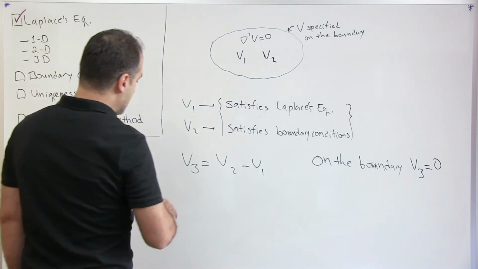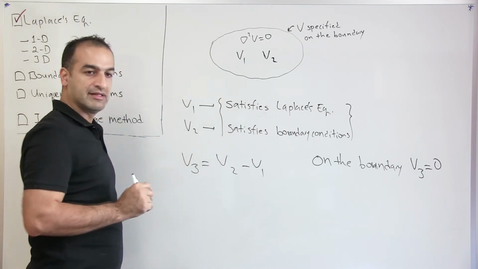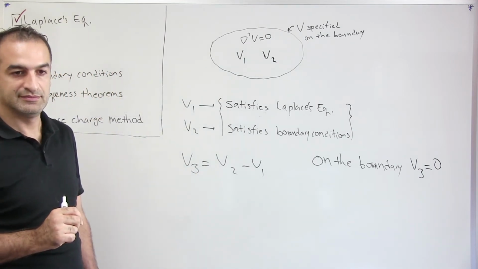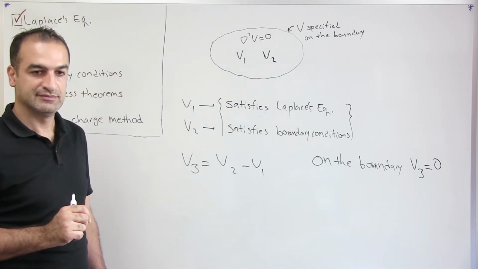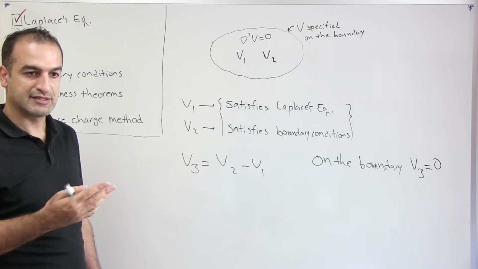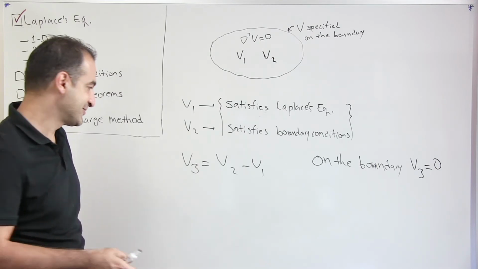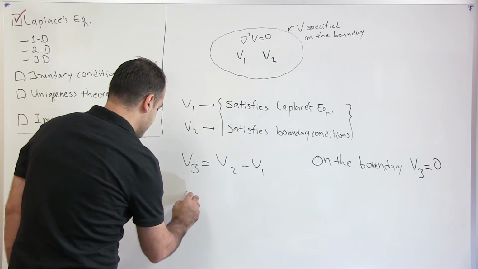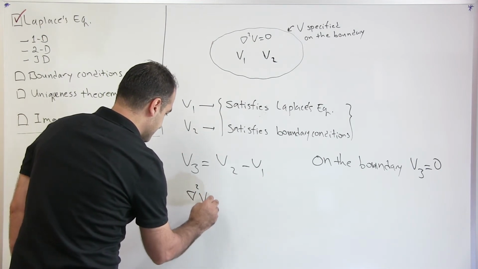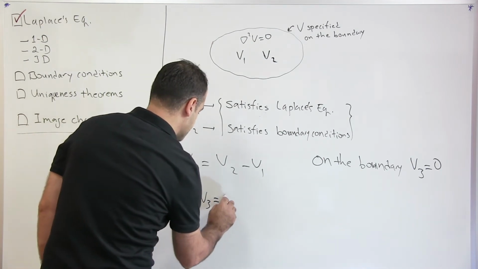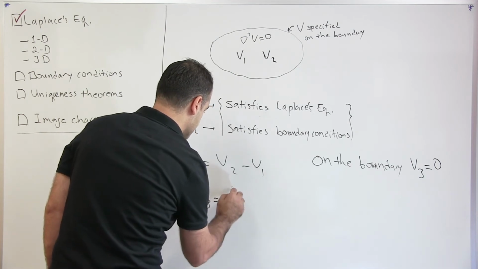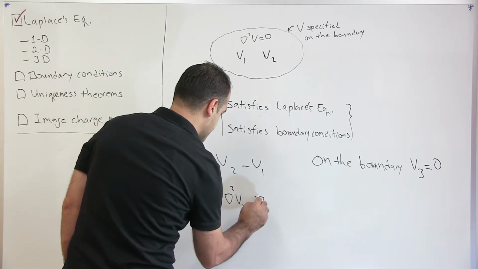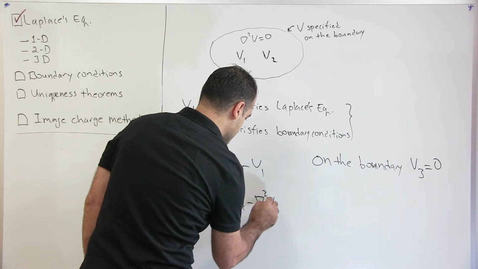The question is, does V3 satisfy Laplace's equation? Let's look at the Laplacian of V3. The Laplacian of V3 should be equal to the Laplacian of V2 minus the Laplacian of V1.